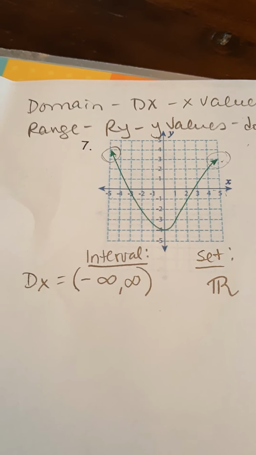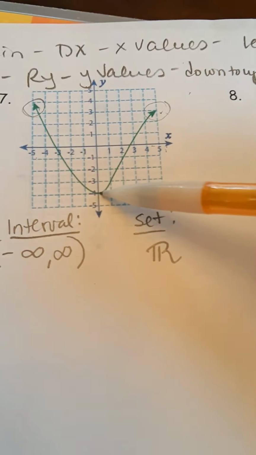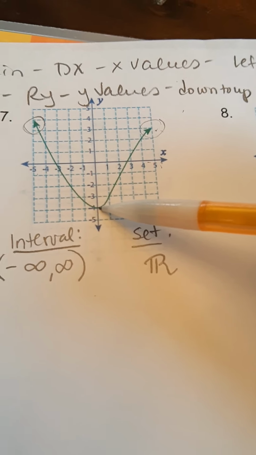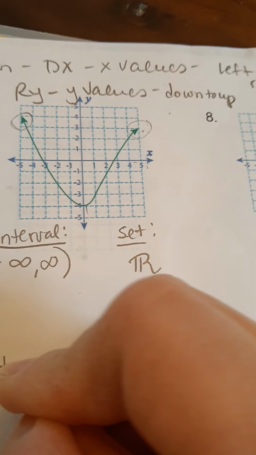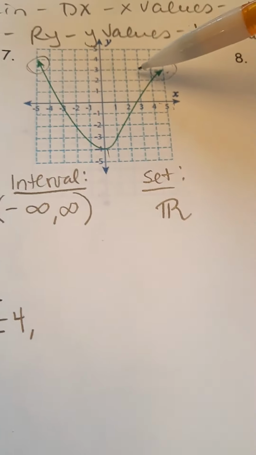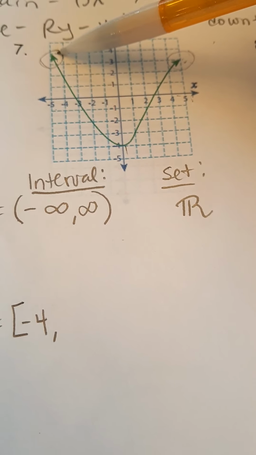Okay, so now for the range, the lowest point to the highest point. So the lowest point on this curvy curve is at -4, and it's a solid line. So that means I'm going to have a bracket -4, and then the highest point of the graph is not here. It's this arrow.